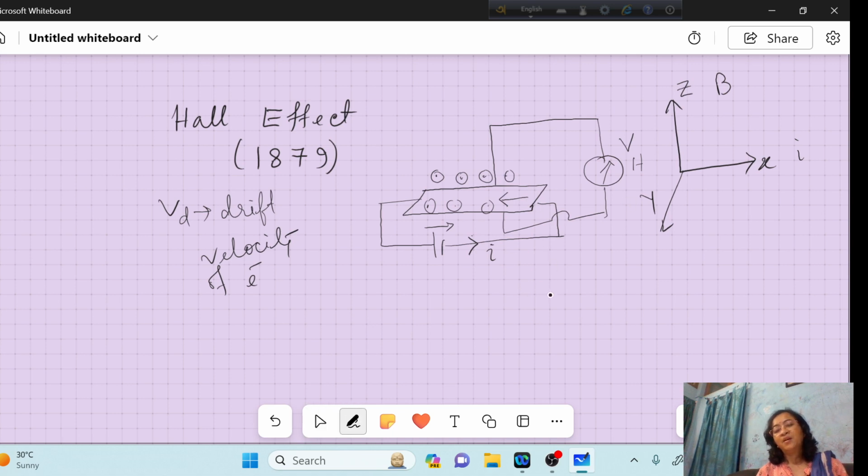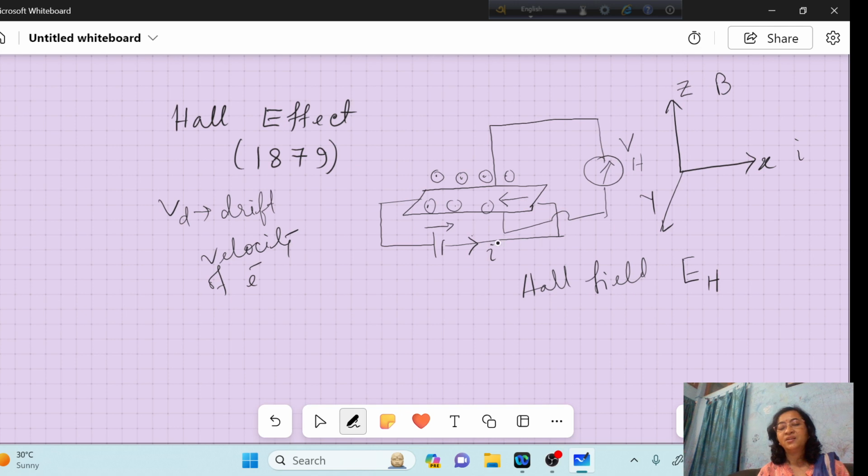The voltage is known as Hall voltage and the electric field produced is known as the Hall field. We denote it by EH. So this is what is known as the Hall effect.